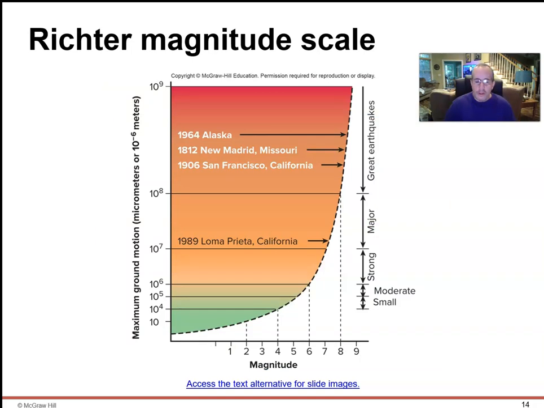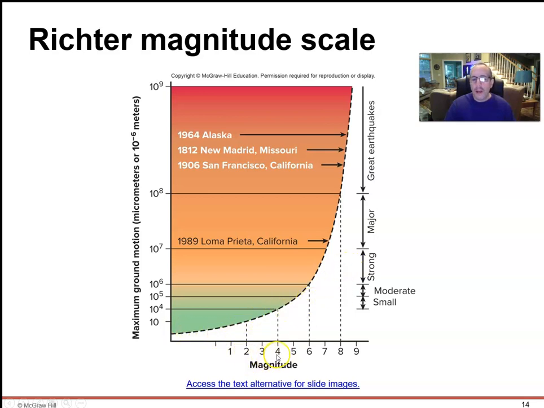The Richter magnitude scale, one thing to keep in mind here is when you hear these numbers, like you hear a 4.0, a 4.5, a 5.0, those are measures of intensity, how strong this earthquake is, the ground shaking, the ground motion. And for each number, this is an exponential scale. You see this line. It's not in a straight line.